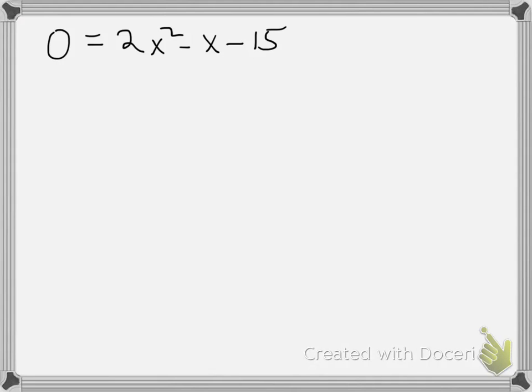So I already have it written there. And remember, the AC method, or by grouping, says you multiply those, and when I do that, I get 30. And then I want to list my factors of 30. 1 times 30, 2 times 15, 3 times 10, 4 doesn't, 5 and 6, and that's all the factor pairs.